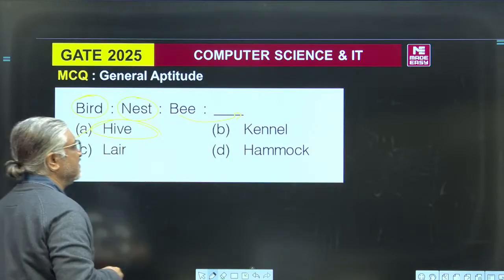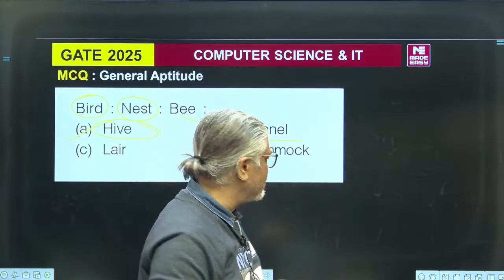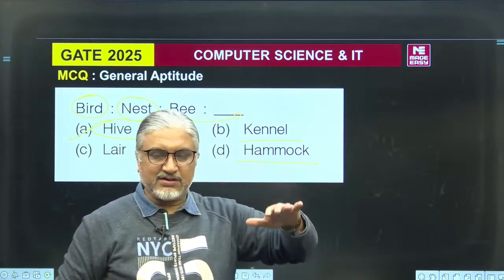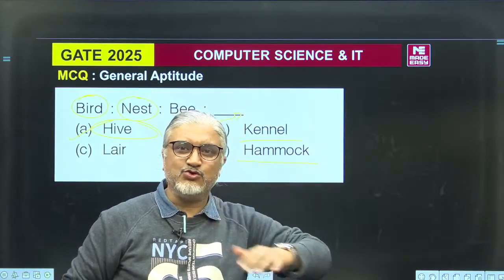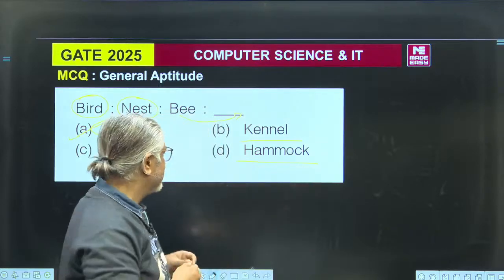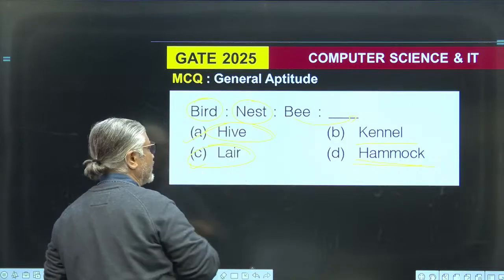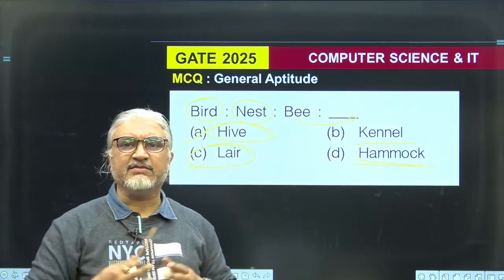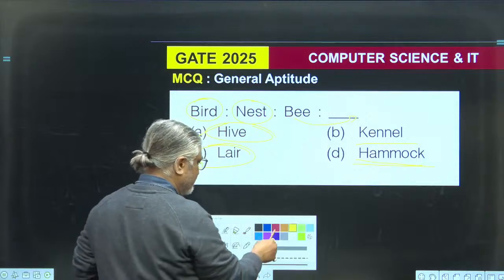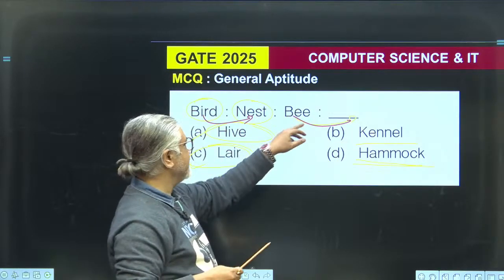Beehive, छत्ता, ठीक है. कैनल में रहता है डॉग, जो डॉग का होम होता है, that is known as kennel. हैमॉक, गोवा में या जो सी साइड जो झूला होता है, झूला टाइप का बेड, in which one can swing and enjoy. So hammock is that. Lair is residence for wild animal, wherever wild animals reside, right? Ferocious wild animals. So hive, bee resides in beehive. Birds reside in nest. Bee resides in beehive.